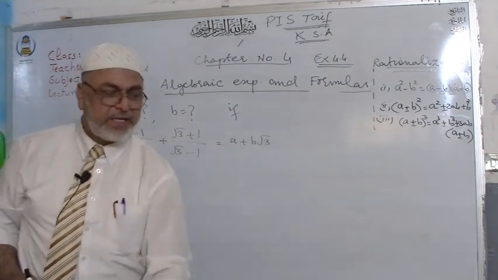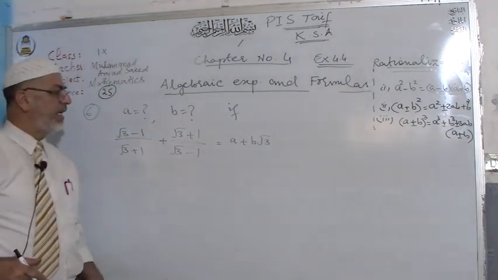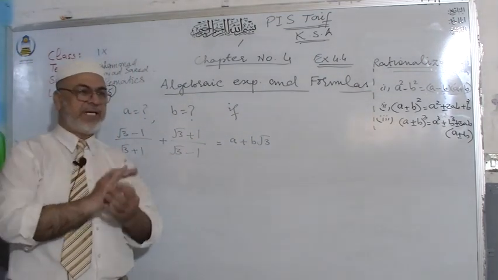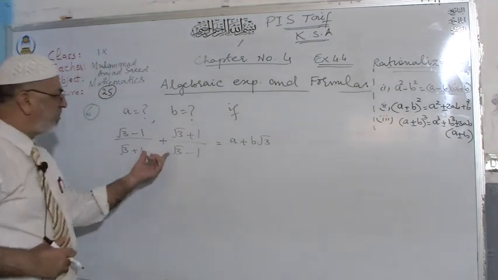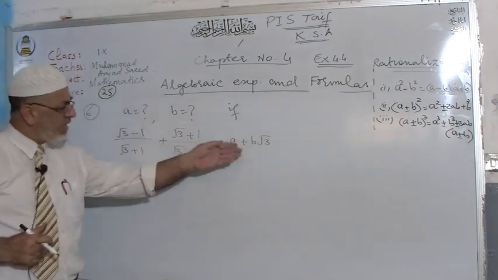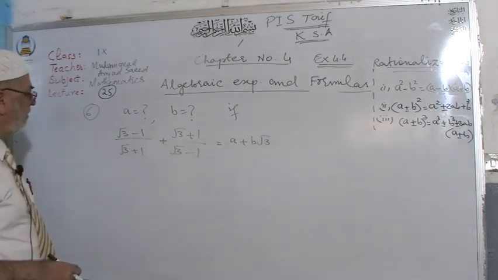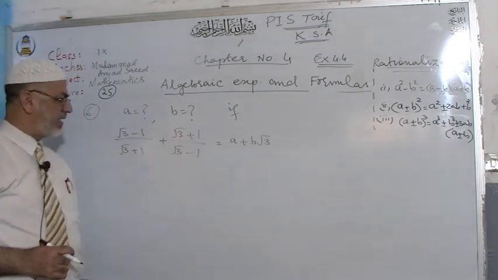So dear students, we have to find the values of a and b by comparison method. First of all, we will simplify left hand side and then we compare the answer with the right hand side.